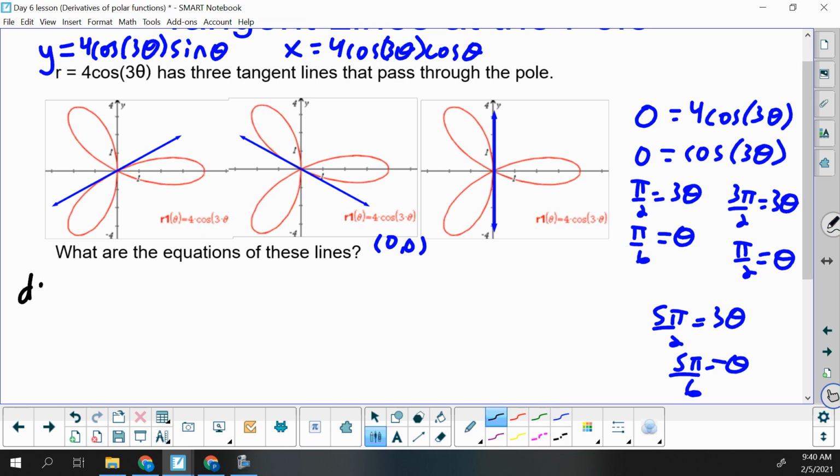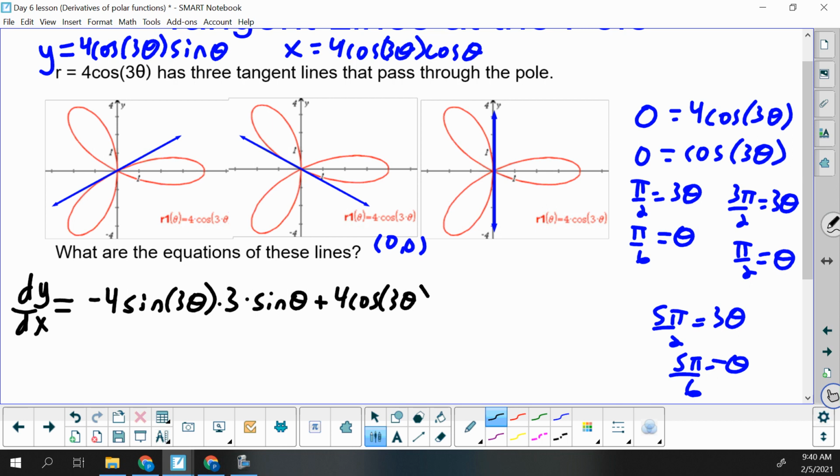So when we do our derivative, dy over dx, we'll do the derivative of the y part first. We're going to have 4 cos 3 theta's derivative, which would be negative 4 sine 3 theta times 3, and that's coming from chain rule, times the regular sine theta, plus regular 4 cos 3 theta, and then derivative of sine theta is cos theta.